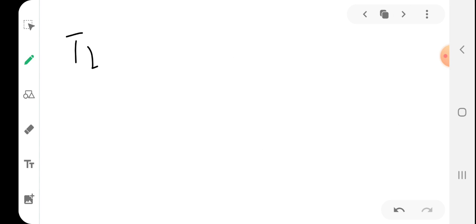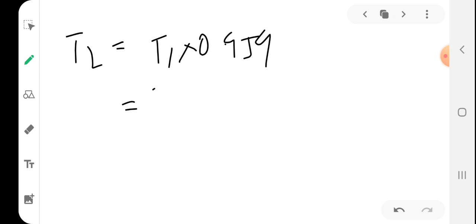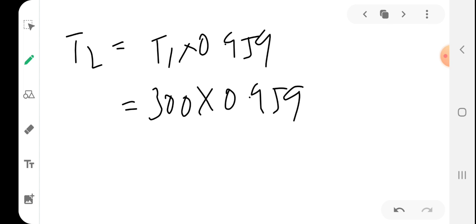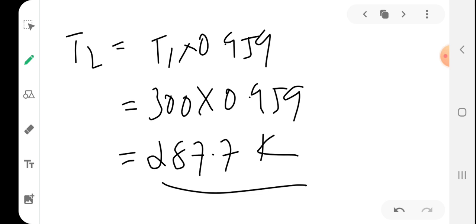So T2 equal to T1 into 0.959, and T1 is 300, so 300 into 0.959 will be some 287.7 Kelvin. So this is how you solve different problems related to Fanno flow.